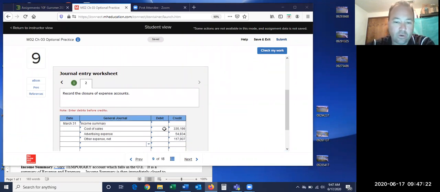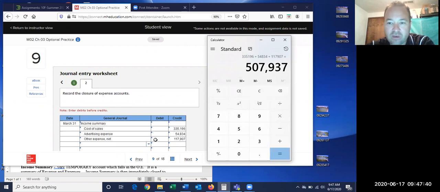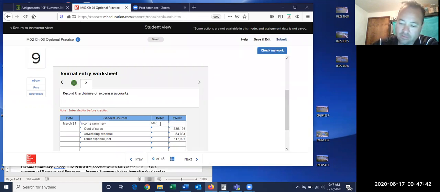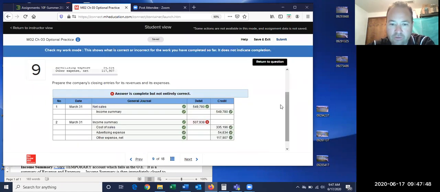Now we can easily go ahead and get our debit. Our debit has to be the total of all of these for our income summary debit. We got 507,937. We've got everything. Let's go ahead and check our work, make sure we've put everything in right.